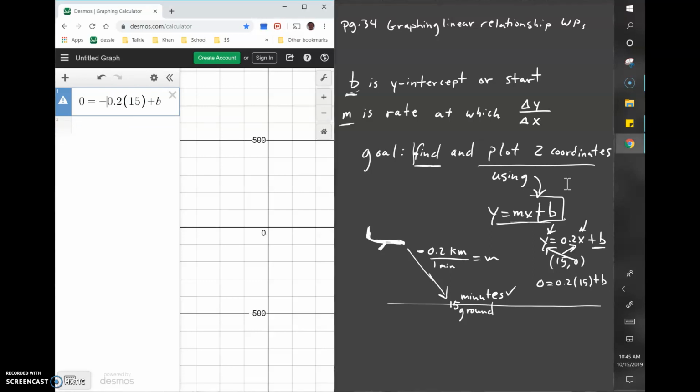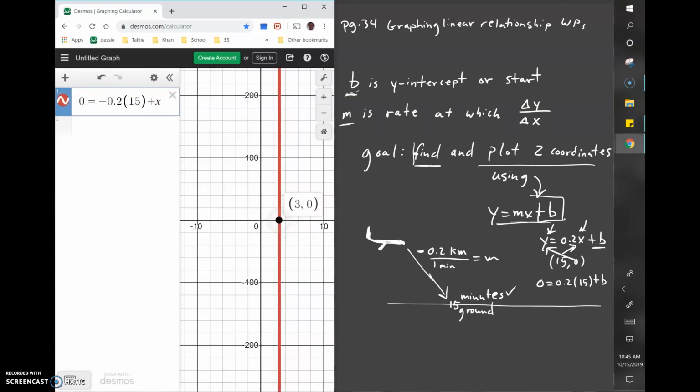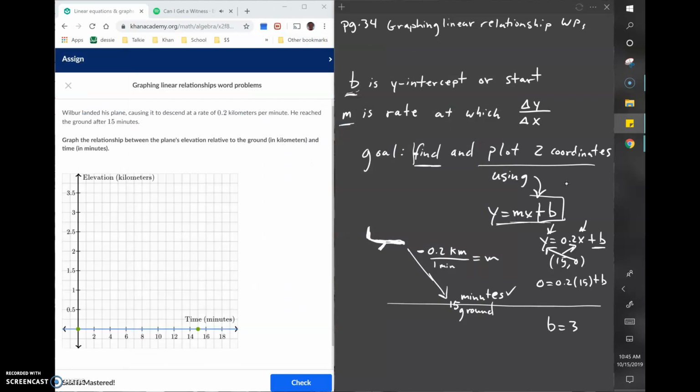It's not giving me a line, so we just change b to x, and zoom in. So we know that this equation solves to b equals 3, which means that our y-intercept is 3. So we'll put 3 for the y. It's right there. Graph it, and move on to question number 2.